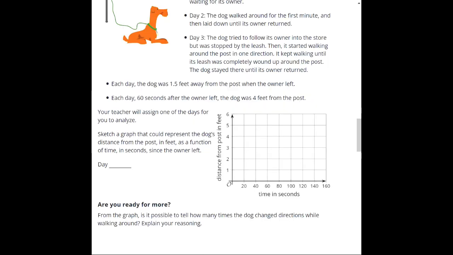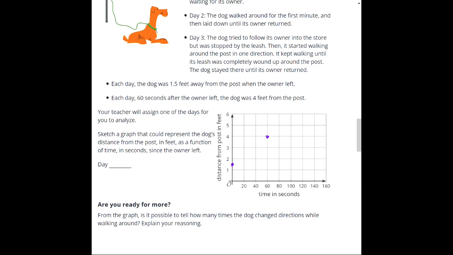So on day one, or sorry, each day, the dog is going to start 1.5 feet away from the post. Now remember, the leash is 5 feet long. Okay, so at 60 seconds, the dog was 4 feet from the post.